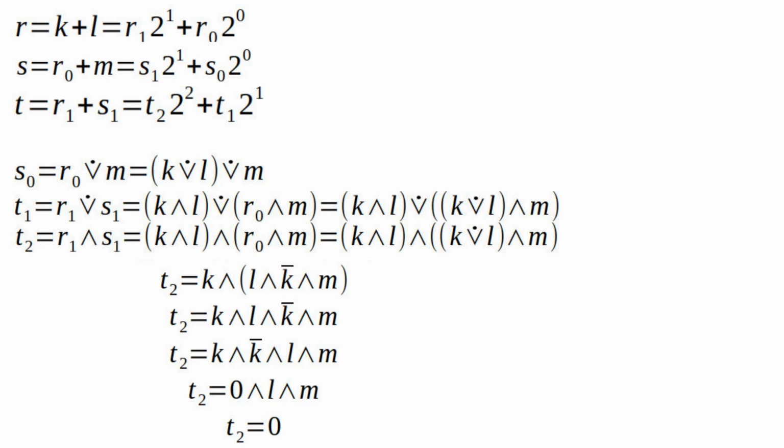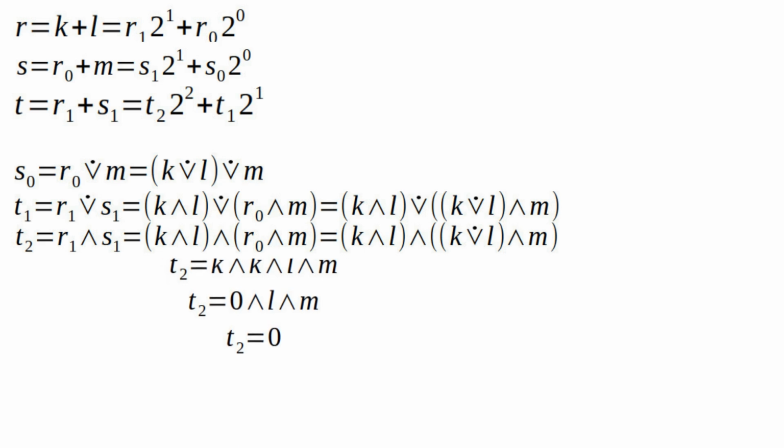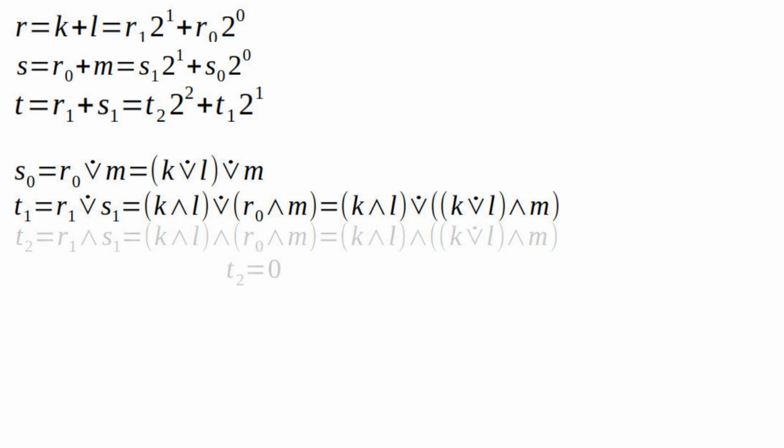In the end we get 0, which makes sense. Because if T2 were ever 1, that would mean that adding 3 ones would make 4 or more. We know that's not the case.